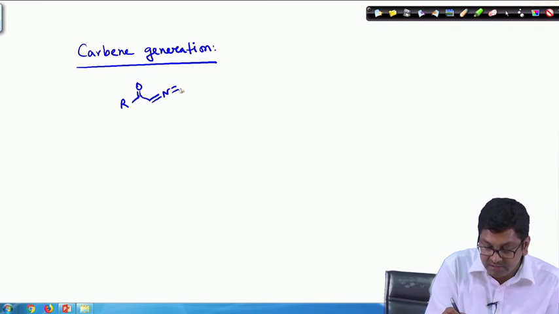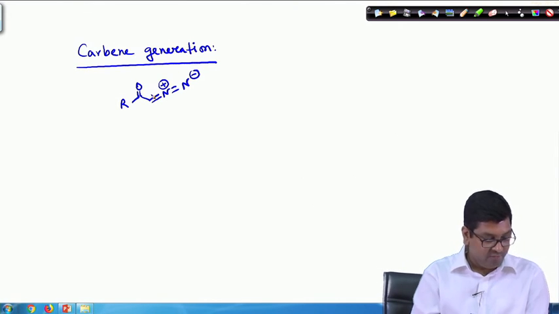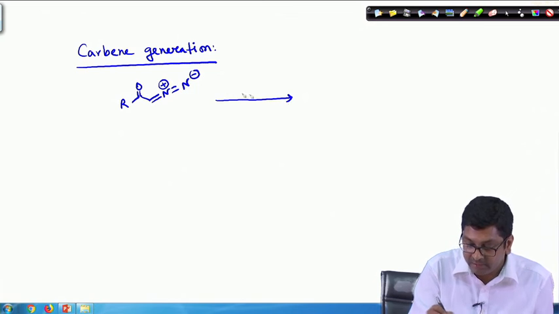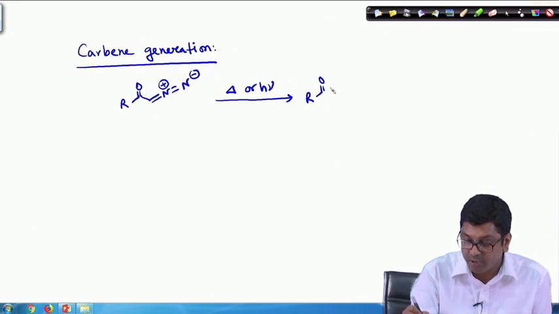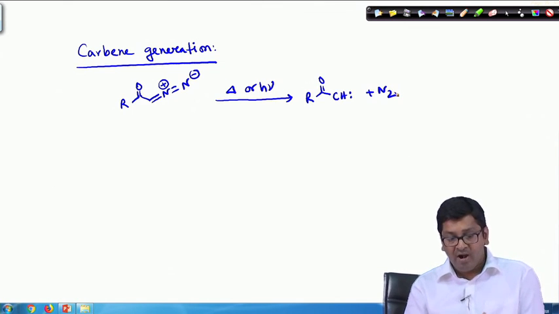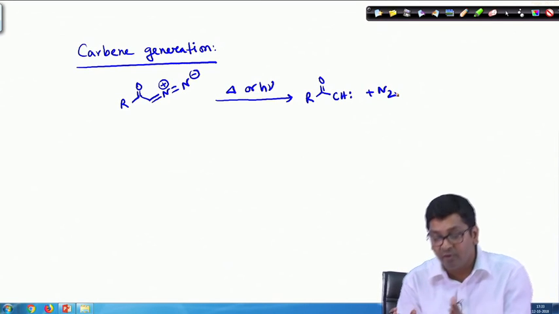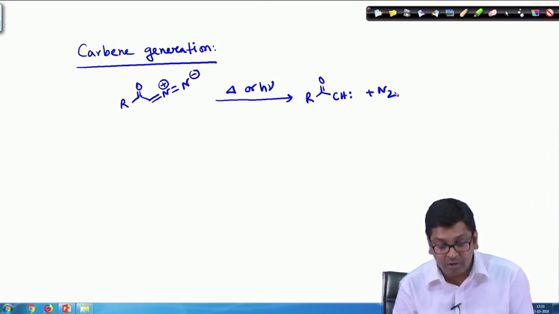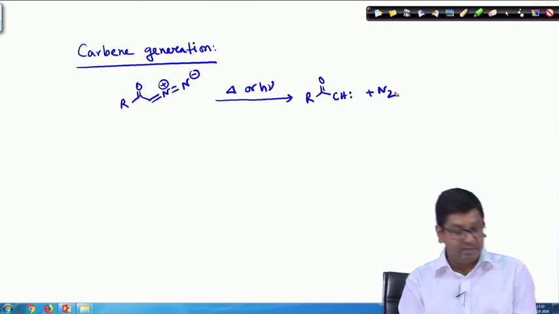So, these are the carbenes that we have generated. Okay, fine. Now, under thermal or photochemical decomposition, this will give the corresponding carbene plus nitrogen. Now, what drives this kind of carbene generation? What is motivating such kind of decomposition of these diazocarbonyl compounds to generate the carbene?